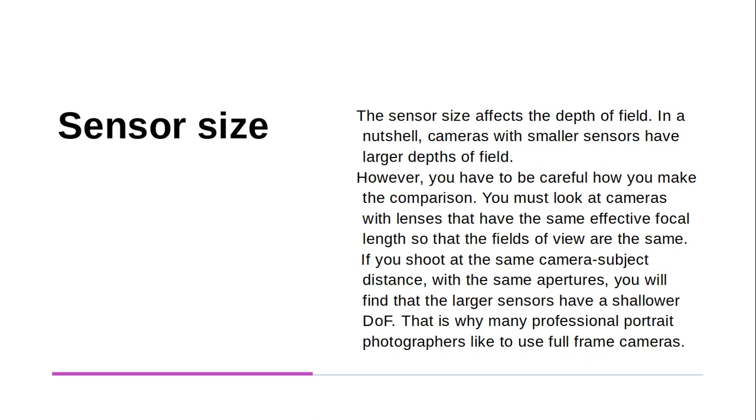If you are trying to go for a deeper depth of field, you must make changes, like making the aperture smaller, so you can get a deeper depth of field. That's why professional portrait photographers like to use full frame cameras, because they can achieve the shot they want.